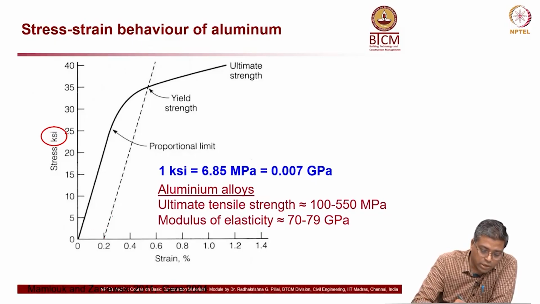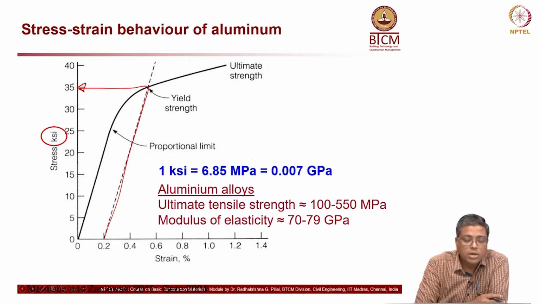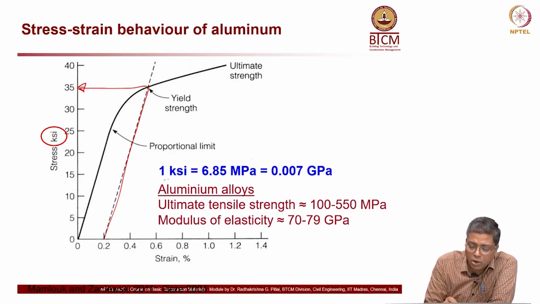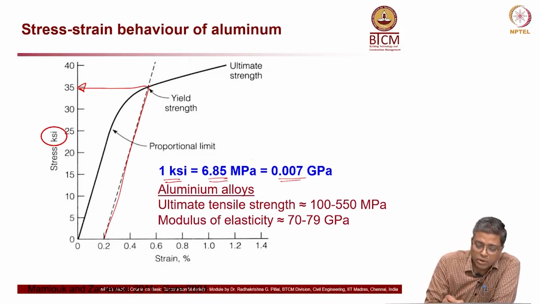When you take 0.2% offset, if I draw a parallel line like this, you are getting a proof stress of about 35 KSI. Okay. Now, how do you convert that KSI to GPa or MPa? The equation is given in the blue box here. If you want to convert KSI to either MPa or GPa, you can look at these conversions.